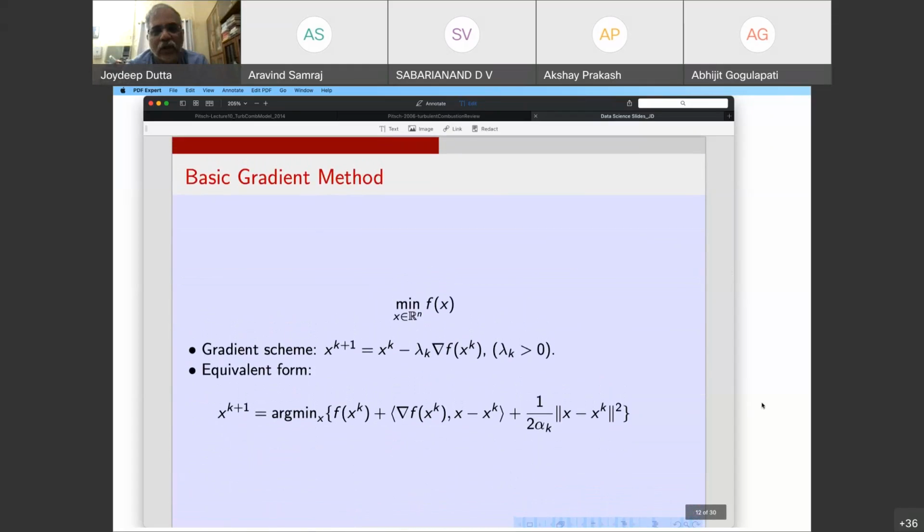Look at the gradient method. Nobody would realize it, but sometimes people realize it, and this realization was done by back calculation. This is the basic gradient method, the gradient descent method. Then this whole thing, what you see here, can be expressed like this.